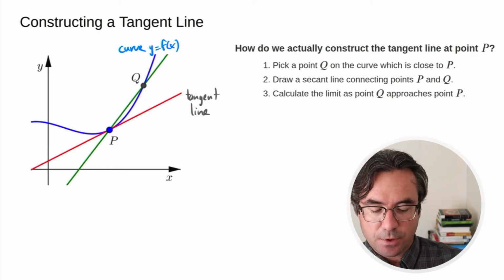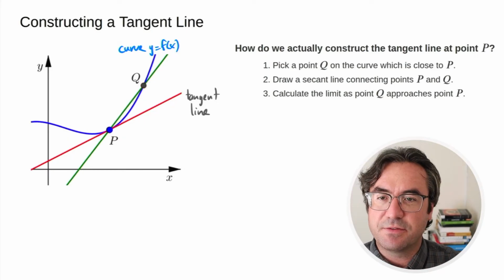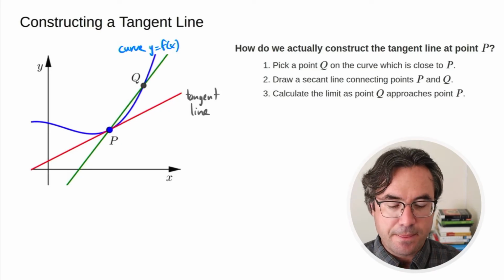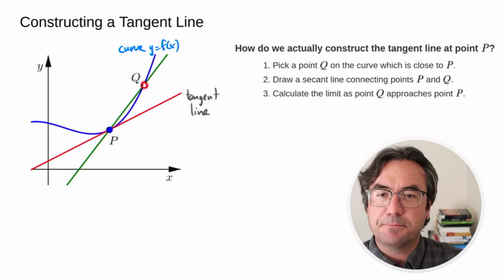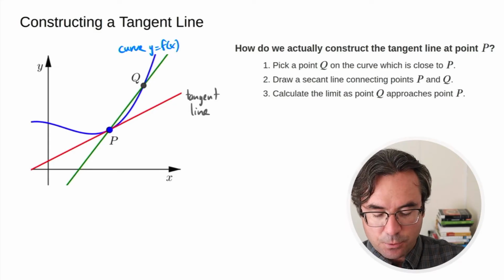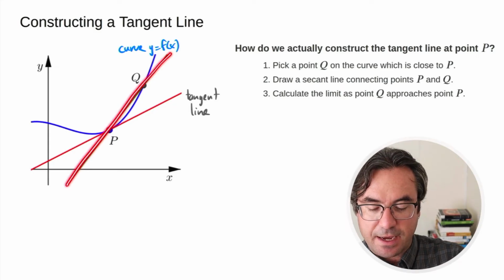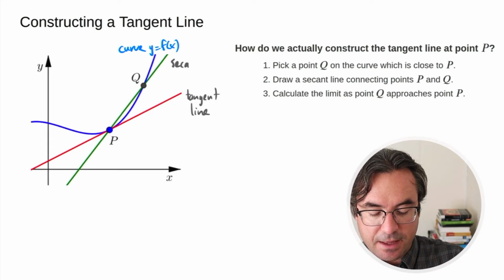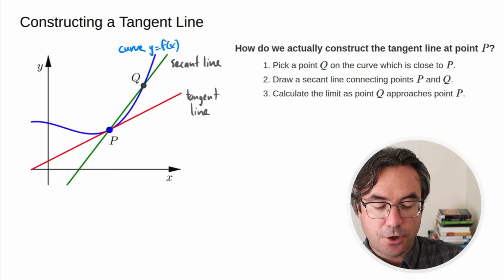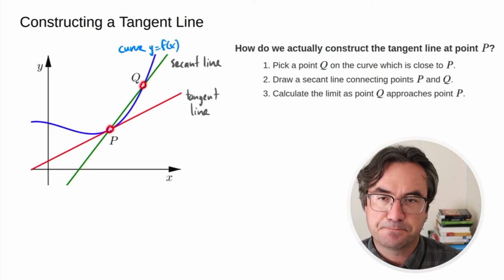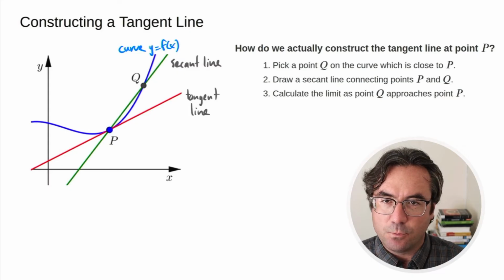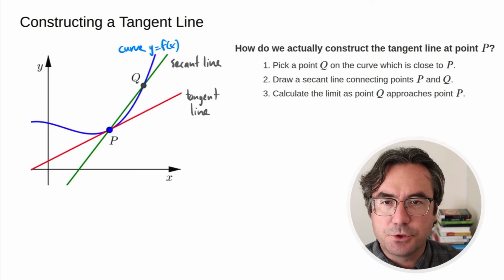We pick a second point Q on our curve, close to point P, and we draw what we call the secant line. The secant line goes through our curve at those two points, and we can construct a line going through two points.